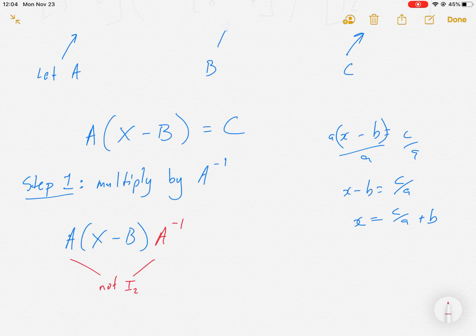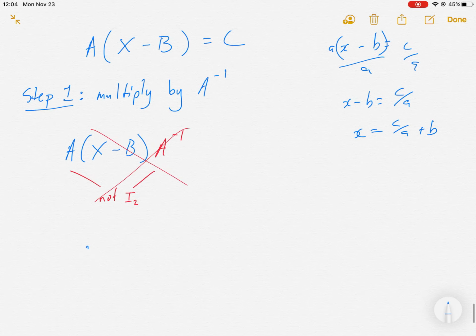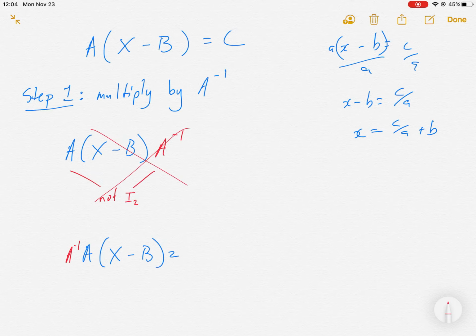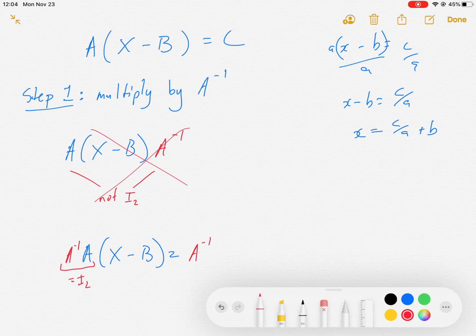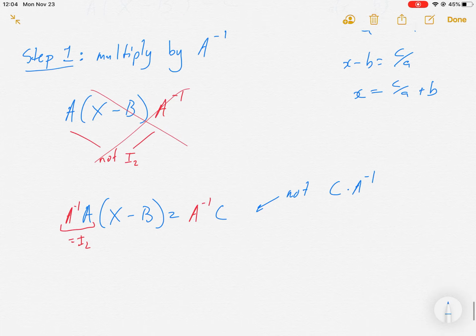So what I'm actually going to do instead is multiply A inverse over here, so that this will actually give me the identity matrix, but then that means I have to multiply this side of C by A inverse. It's very important to do A inverse times C. This is not the same as C times A inverse. Very, very key point right there.